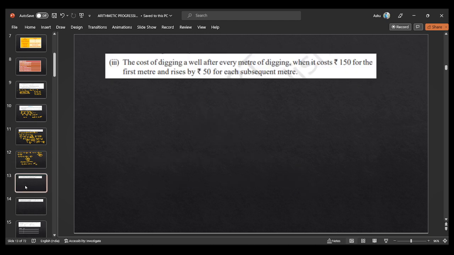Okay. Now in the third question, the cost of digging a well after every meter of digging, when it costs 150 rupees for the first meter and rises by 50 rupees for each subsequent meter. Do you know? A1 is given, 150 rupees.